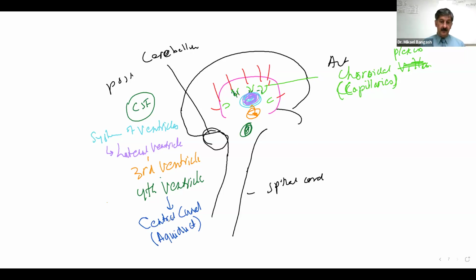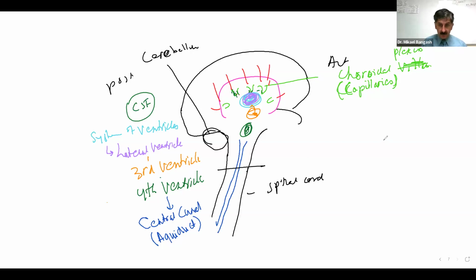If you just look at the words central canal, canal means a form of passage. And where do we find that? In the center. In the center of what? Your spinal cord. So from the fourth ventricle, the cerebrospinal fluid runs into the central canal or the aqueduct, which is what we find in the spinal cord.